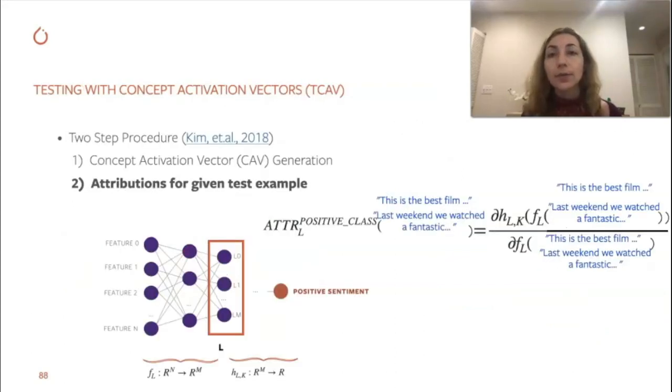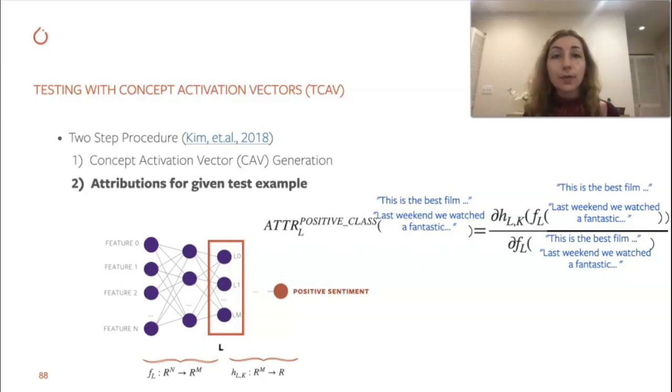Now, after computing the CAVs, let's move to the second step and compute directional sensitivities. Let's recall from the previous slides that our goal is to identify which concepts are important for predicting positive sentiment in the text.